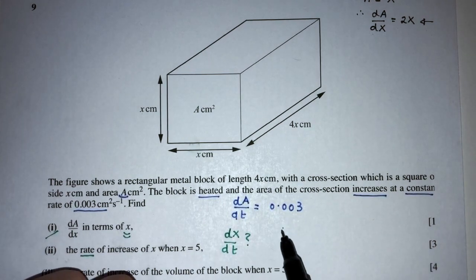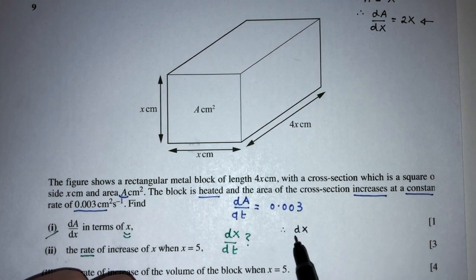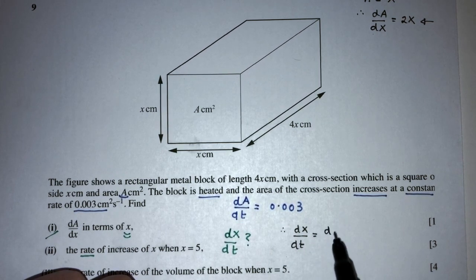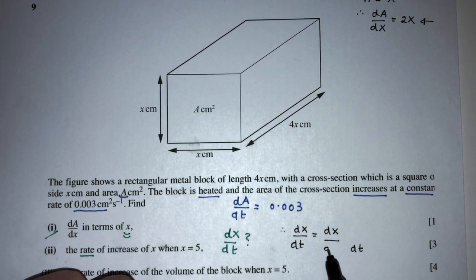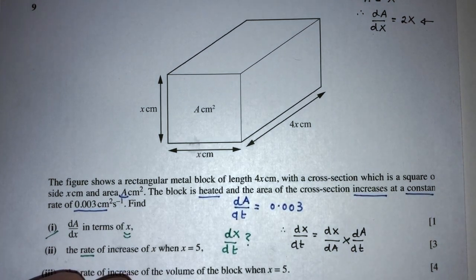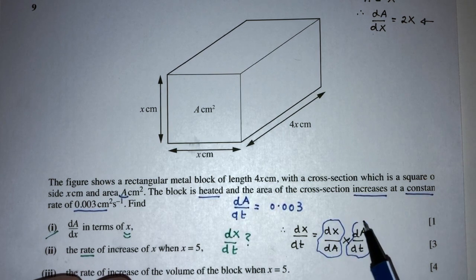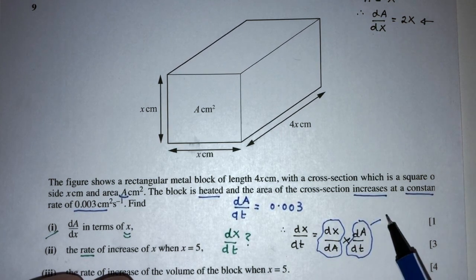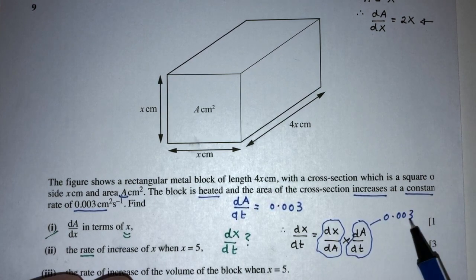So let's see. dx by dt is equal to dx on top, and here we have dt, and they are connected by area, so that will be dA and dA. So dx by dA, and here we have dA by dt. So dA by dt is equal to 0.003, right?